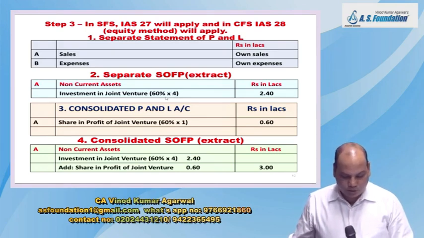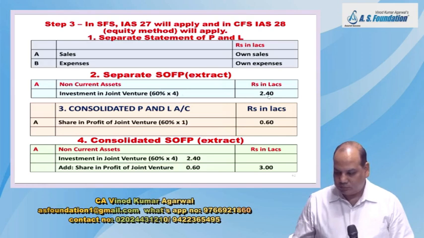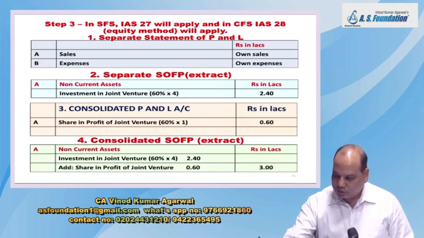So our cost is 60% of share capital 4, that is 2.40. Write cost model.